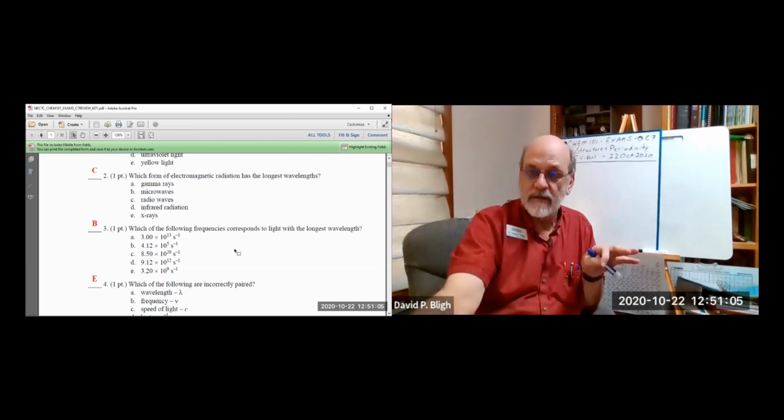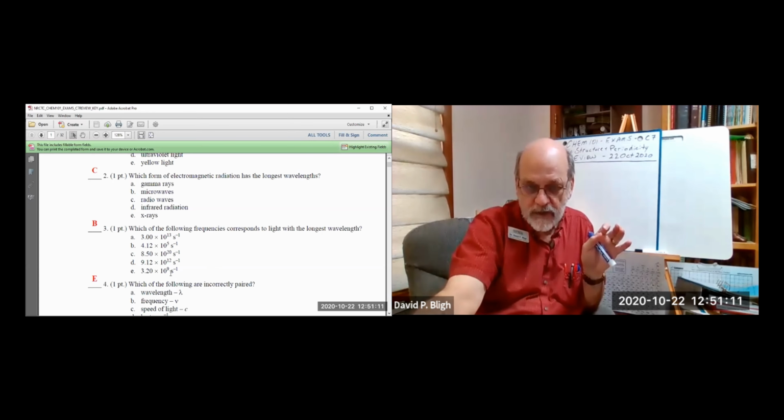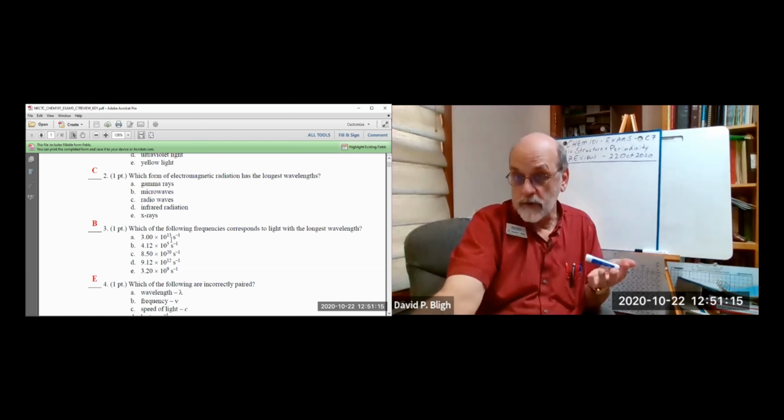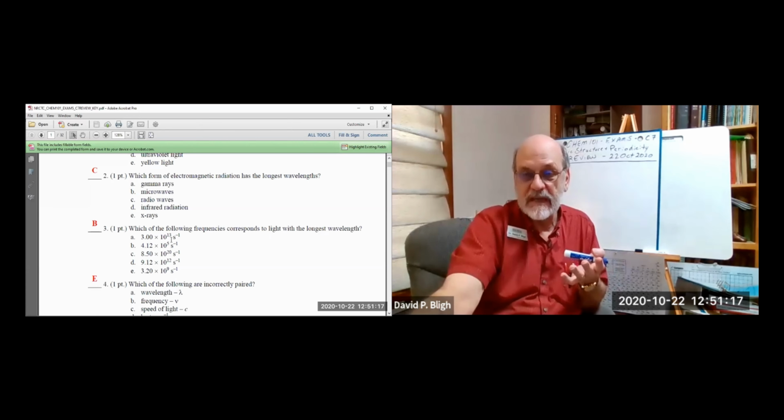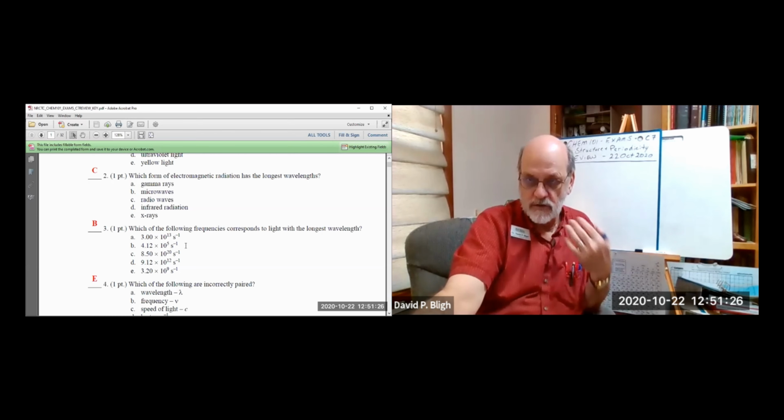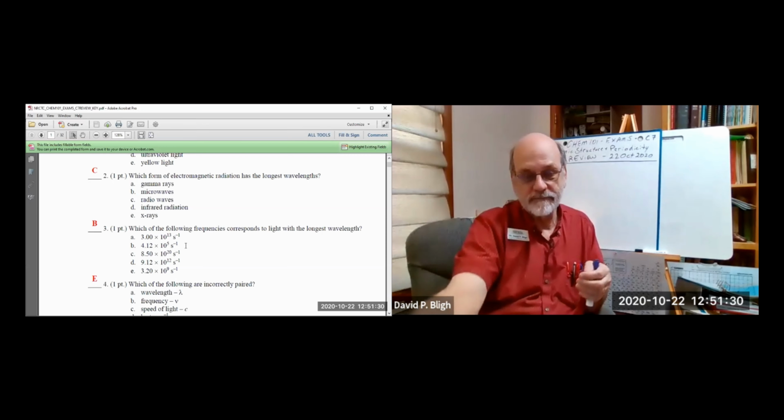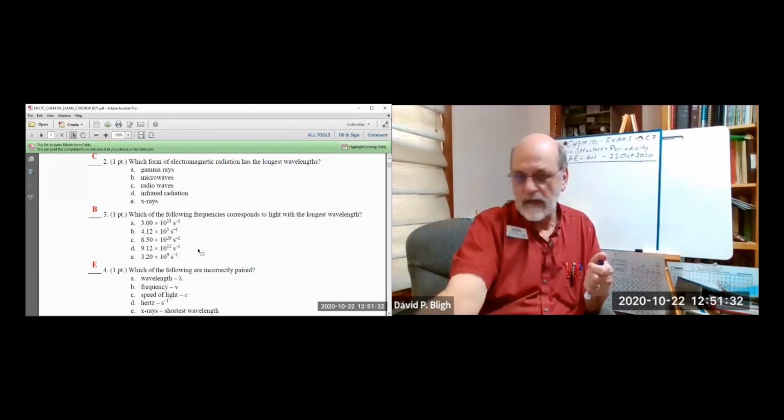So the longest wavelength is going to have the smallest frequency. So we look for the smallest one here, and it looks like we could go by orders of magnitude, that is powers of 10. And the smallest power of 10 here is B. So that would be the longest wavelength, because it's the smallest frequency. Okay.